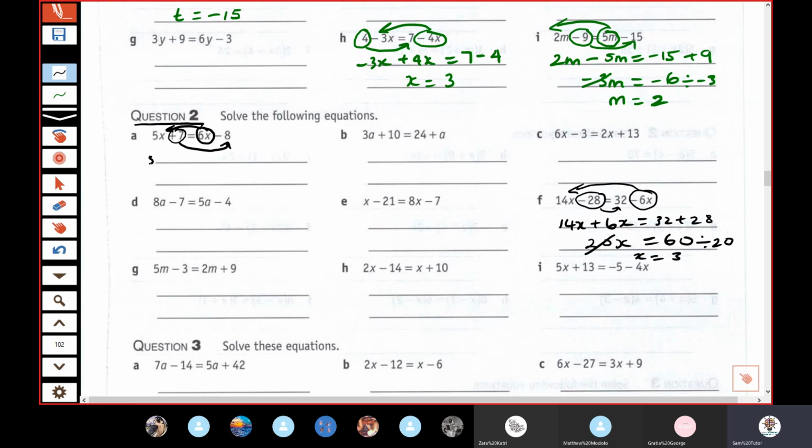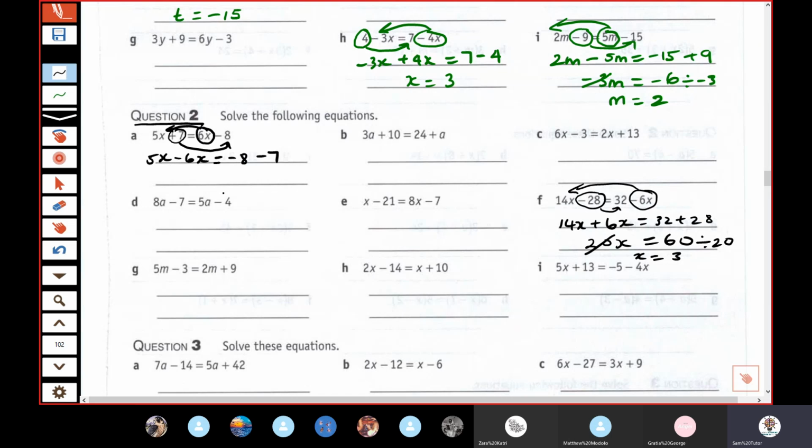Then what you're left with is 5x minus 6x, which is minus 8 minus 7, opposite of plus 7. So the ones I've circled have to become opposites. The ones I haven't circled, which is negative 8 and positive 5x, I've kept the same. Only the ones that I've circled, I'm changing their signs.